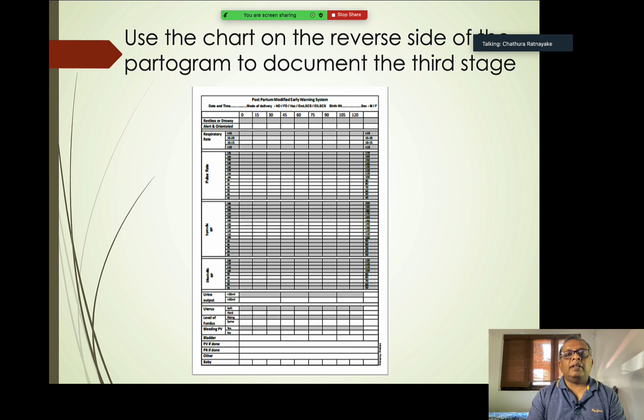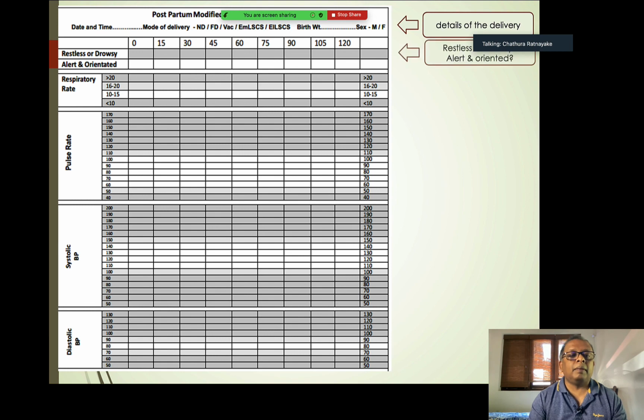And then after the delivery, this part is now taken off from the partogram. At the initial stage, on the back side of the partogram, we had this information, but now we have a separate modified obstetric early warning score called MEOWS chart printed in color, which you can learn separately, and that is done to maintain the after the delivery part of the mother's care, the postpartum period.